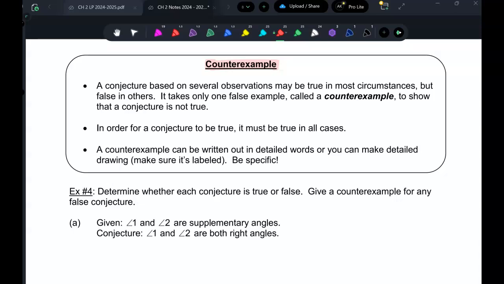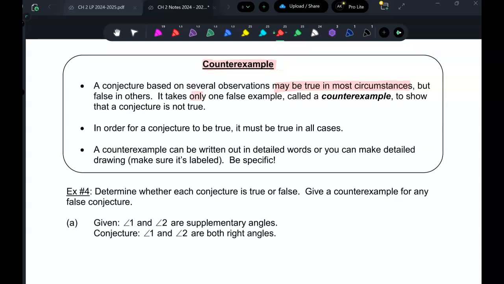So a conjecture could be based on looking at several observations. It might be true in most circumstances, but false in others. So it only takes one false example, called a counterexample, to show that the conjecture is not true. In order for the conjecture to be true, it must be true in all cases.